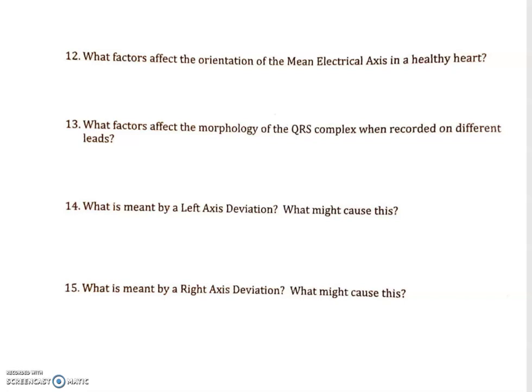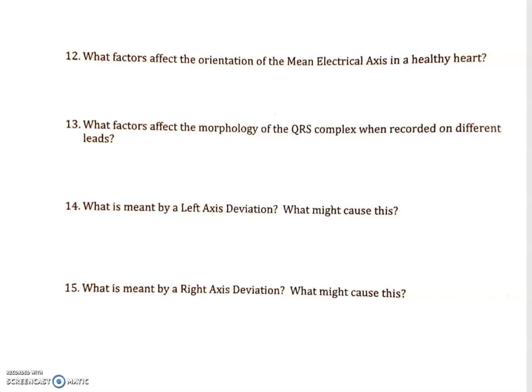Now, if my heart is very much pointing to the left, then my lead 1 will be my strongest EKG tracing. And if my heart points down, maybe even slightly to the right, then my lead 3 will be the best recording.